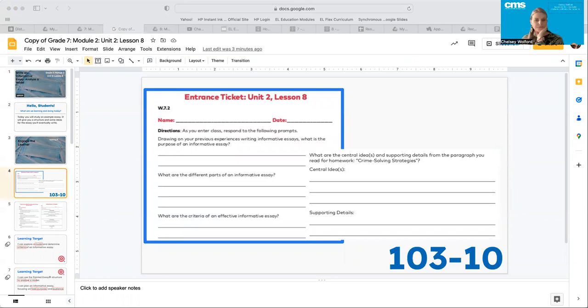Okay. We are in Unit 2. We are in Lesson 8. I'm sorry, guys. Okay. I'm going to pull up the lesson narrative, and I also want to pull up the entrance ticket for today because I want to look alongside you guys.